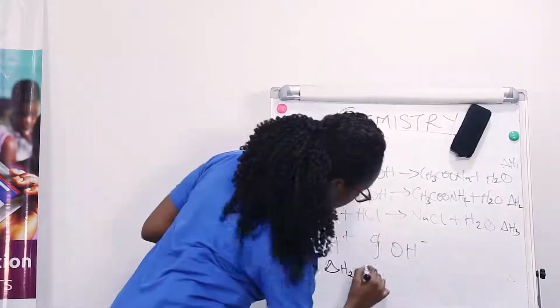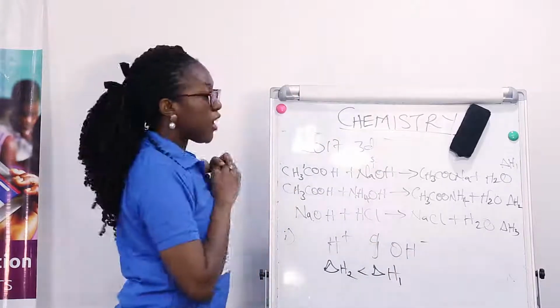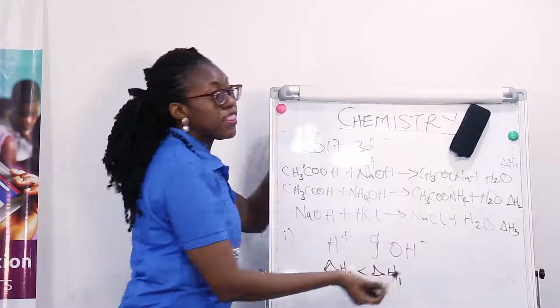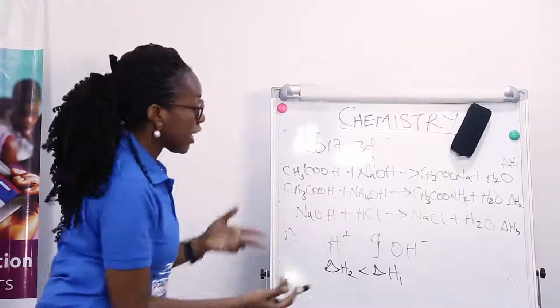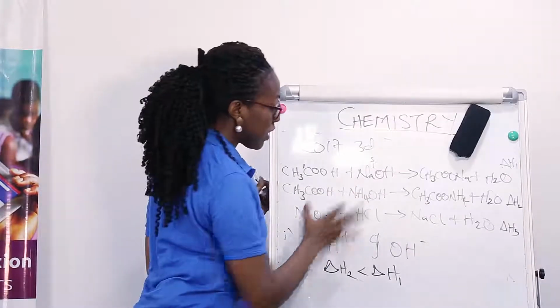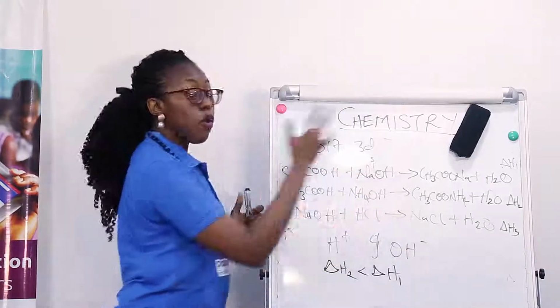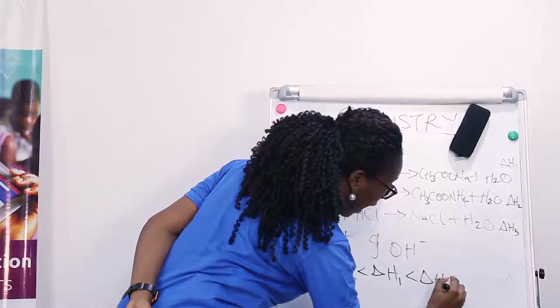The next will be our first reaction, which is a reaction between a weak acid and a strong base. Then the one with the highest enthalpy change of neutralization will be that between a strong acid and a strong base, which undergoes complete ionization, which is our last reaction.